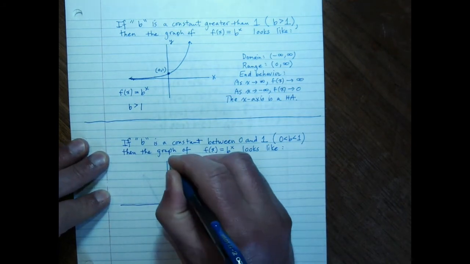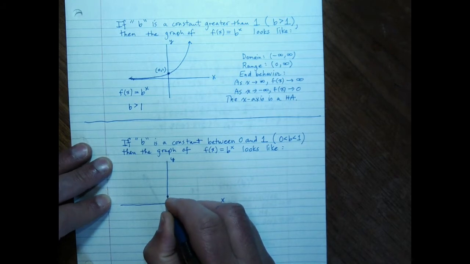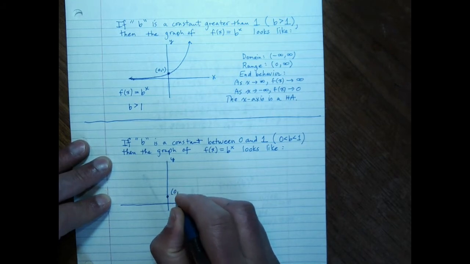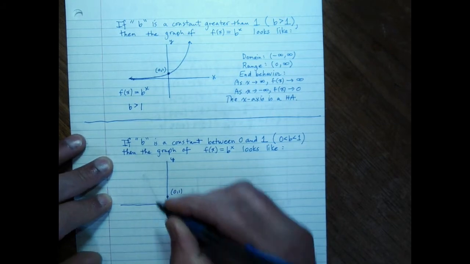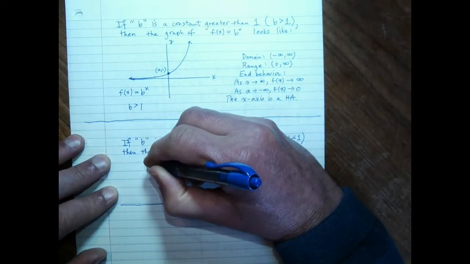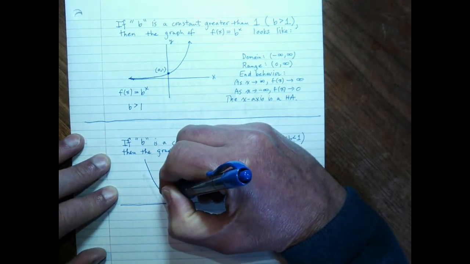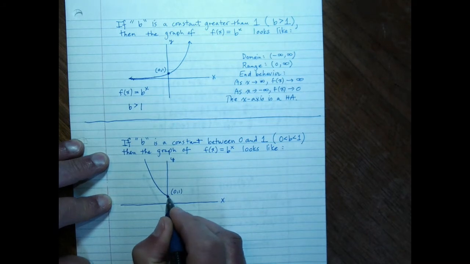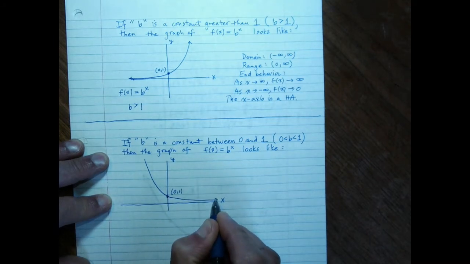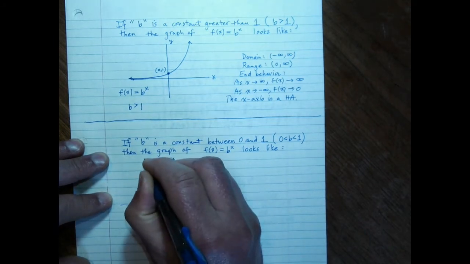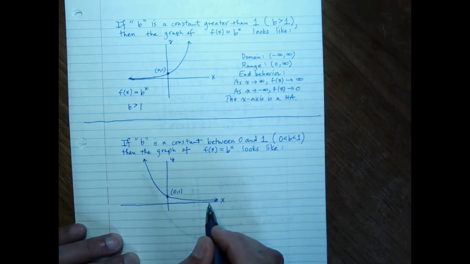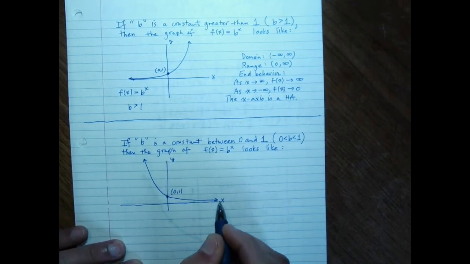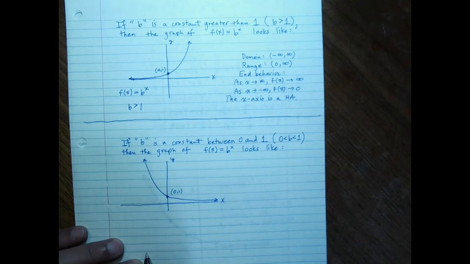Here's x, here's y. We're still going to pass through that point 0, 1, the same y-intercept, but the graph now is going to be shaped like so. And we're going to approach the x-axis as a horizontal asymptote when x is positive.